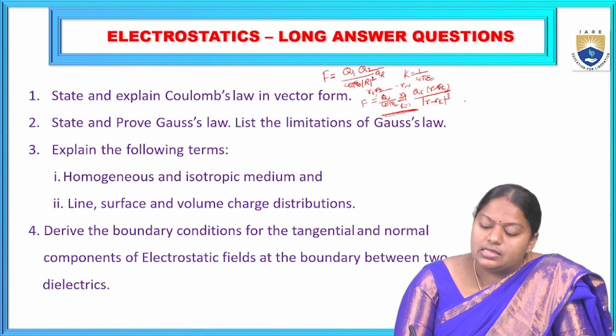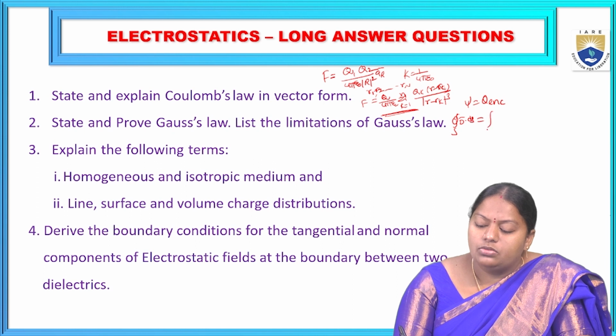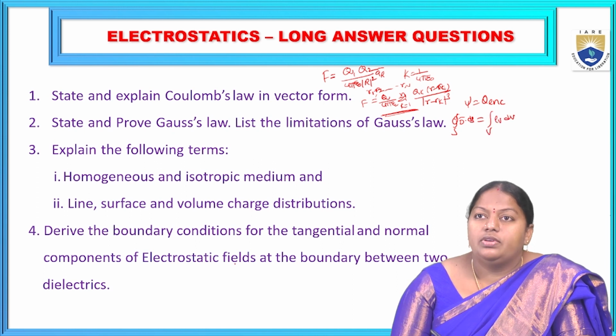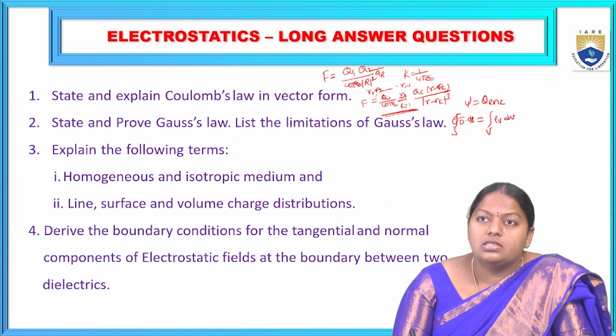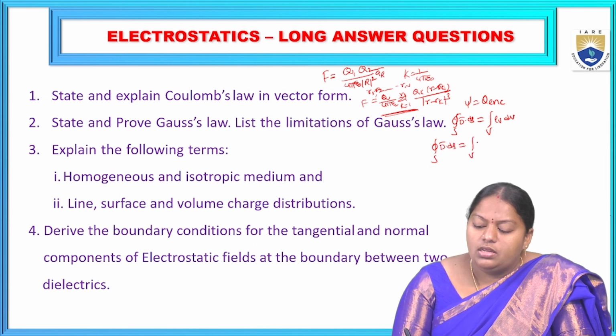To prove this, psi is equal to Q enclosed, we need to consider, and this psi can be expressed as closed surface integral S D dot dS is equal to integral V rho V dV. Now according to the divergence theorem, if you apply the divergence theorem to the LHS, it can be written as integral S D bar dot dS is equal to integral V del dot D bar dV.